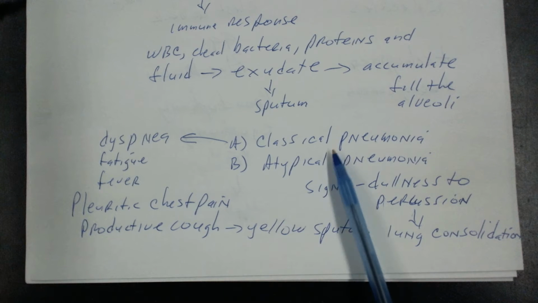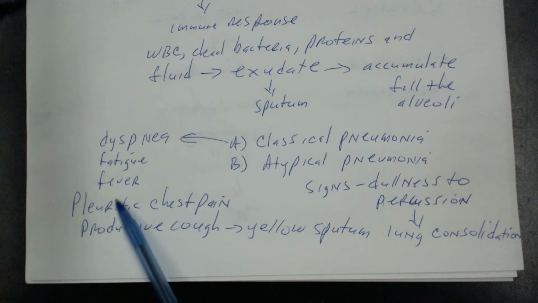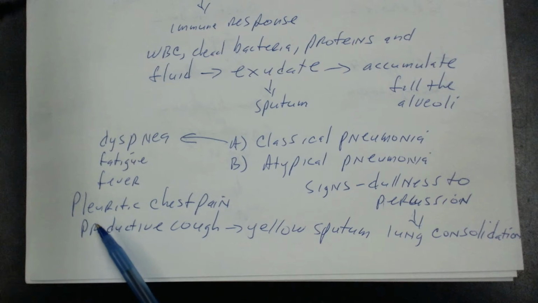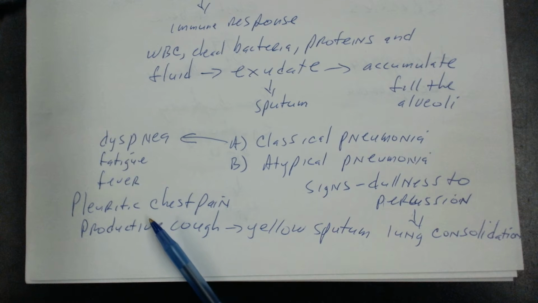The signs and symptoms of classical pneumonia include dyspnea, that simply means a shortness of breath, fatigue, fever, pleuritic chest pain, and this pleuritic chest pain is characterized by a sudden and intense, sharp stabbing or burning pain in the chest when inhaling or exhaling. And then also a productive cough that tends to produce yellow sputum.